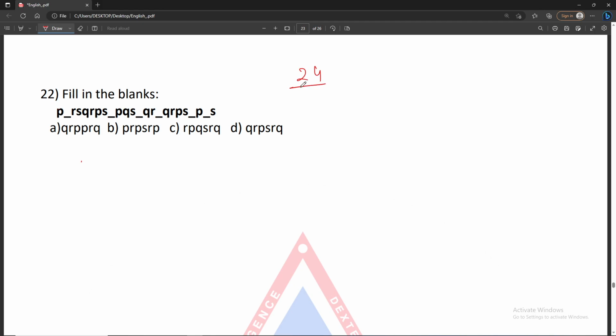So we have 24 letters. 24 can be broken into either 6 and 4. Let's assume the letters are broken into groups of 4.